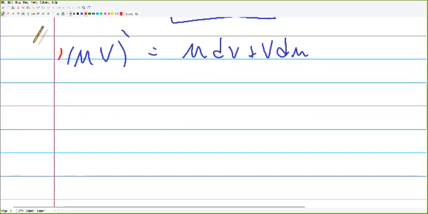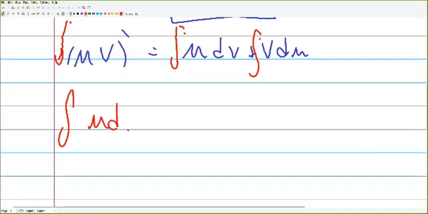Integrating everything, let's say we had the integral of u dv. It's going to be equal to the integral of the derivative, they cancel out, so we have uv minus the integral of v du.